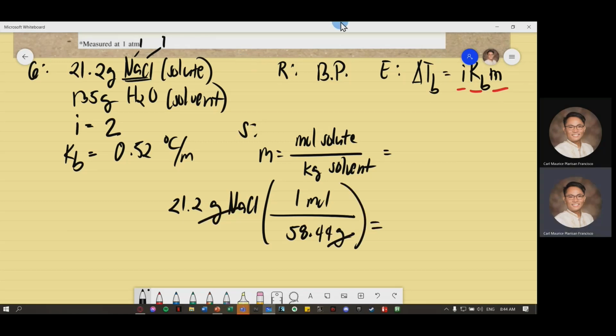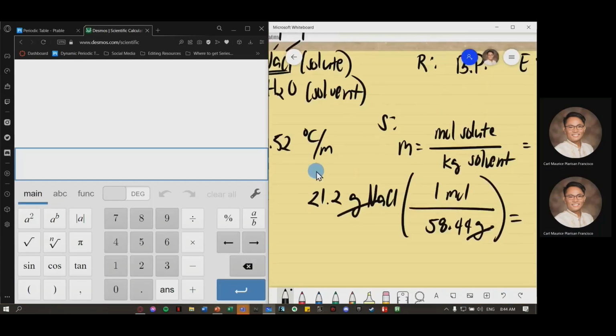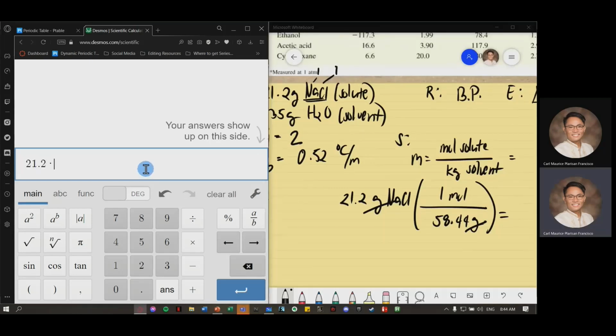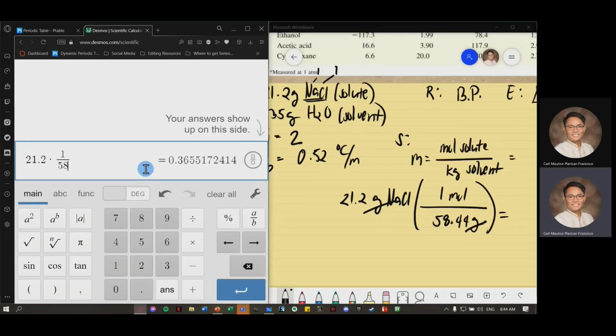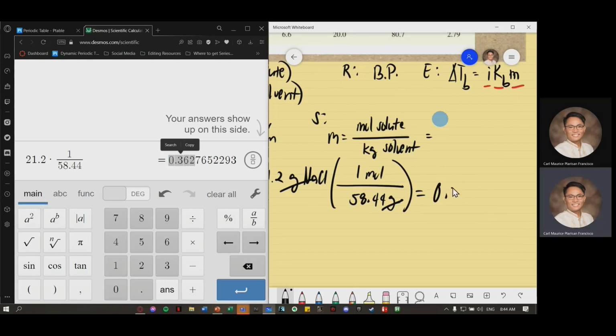Grams will be cancelled. Let's use the calculator here. 21.2 times 1 all over 58.44, up until 3 sig fig, 0.363 moles. So now I have the numerator, 0.363 moles.